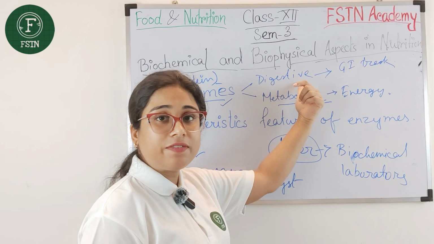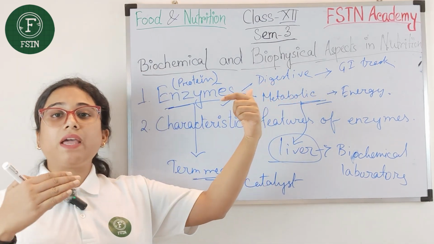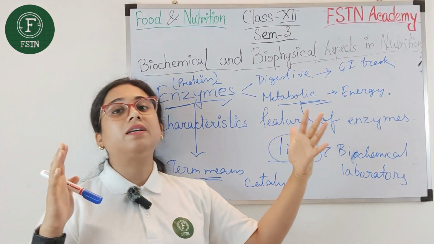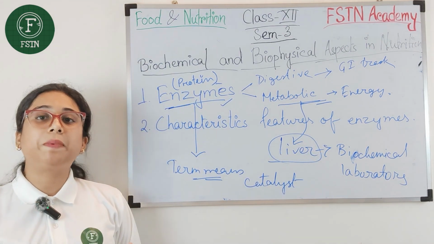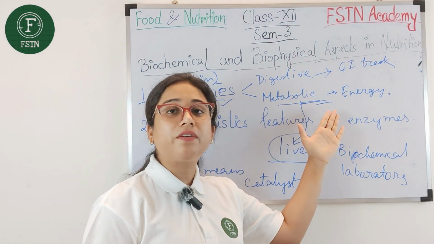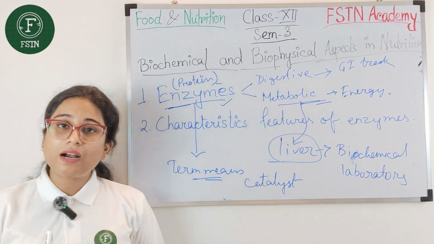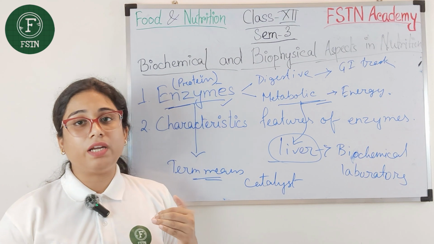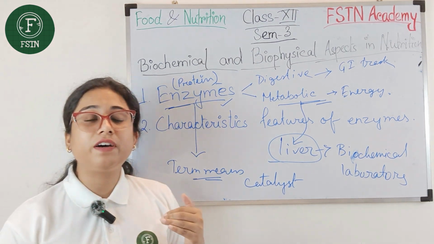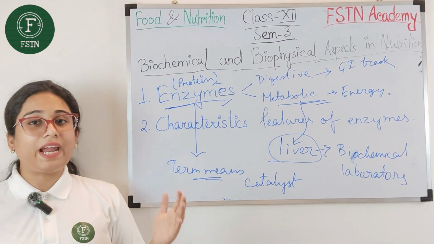By the digestive reactions, we break down the larger particles of our food into simple particles, and by the metabolic reactions, those small particles, absorbed in our blood, go into the mitochondria of the liver and produce energy and ATPs.